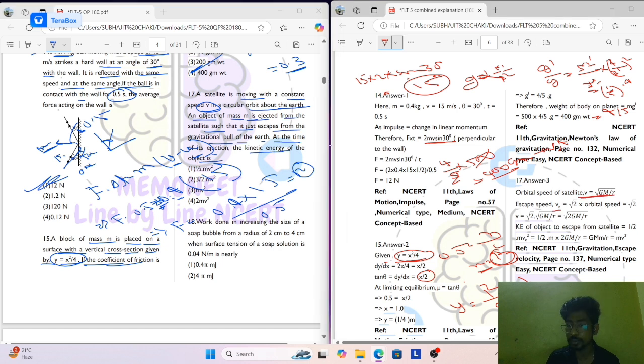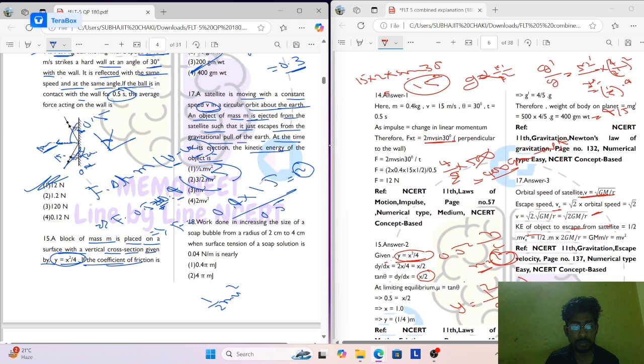The kinetic energy will be equal to the kinetic energy of the object. How can we say? Half mv square will be equal to half into m into 2 gm by r.